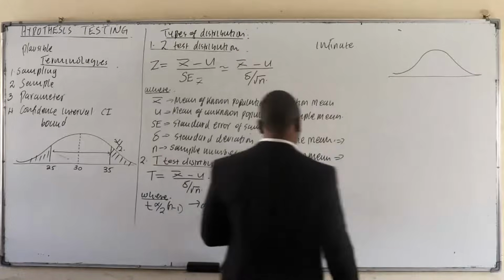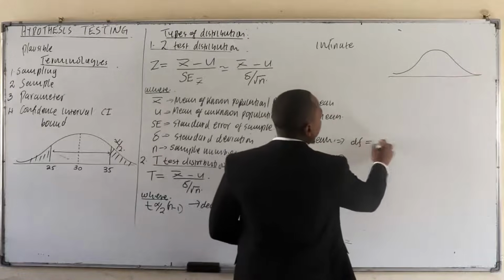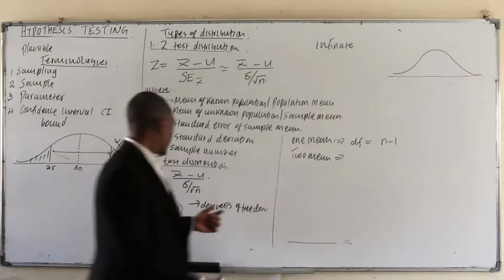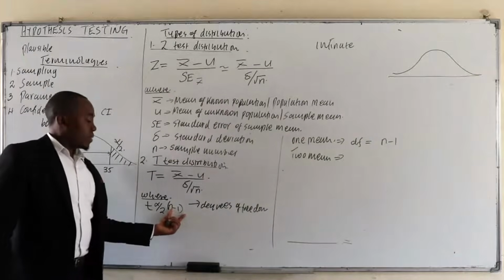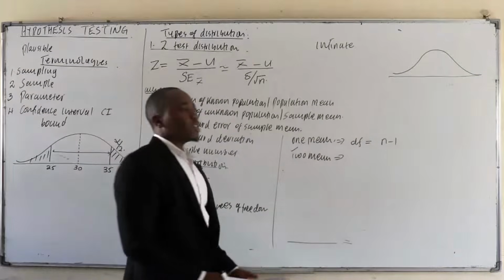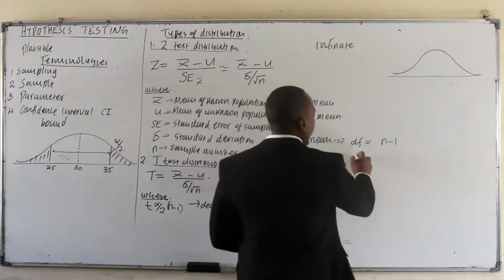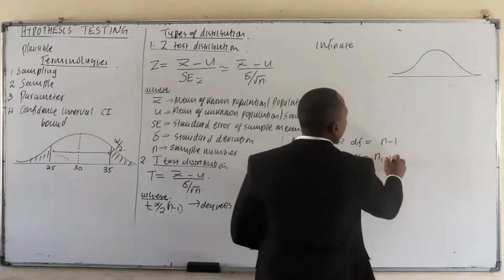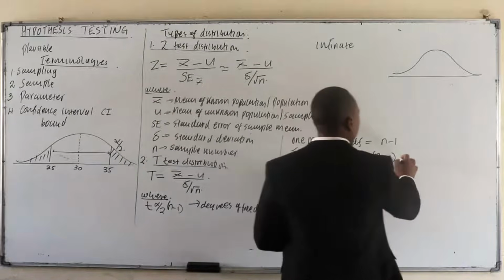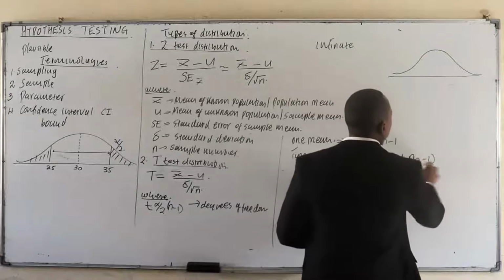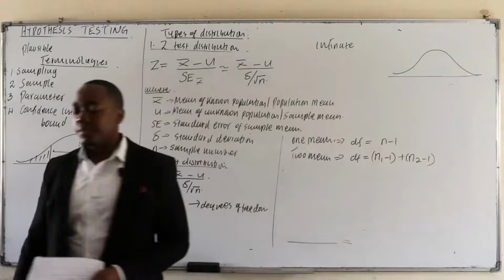In case of one mean, to get the degrees of freedom, you just take N minus 1. In case of two means, you take n1 minus 1, then you add n2 minus 1.